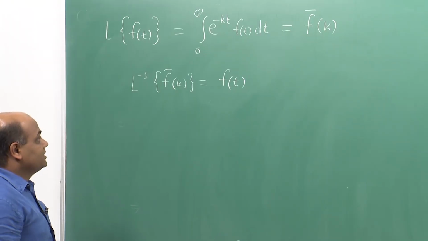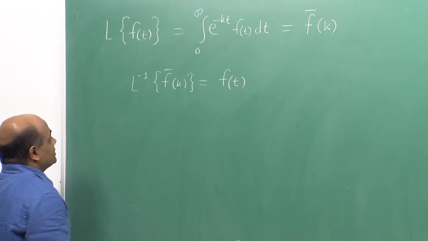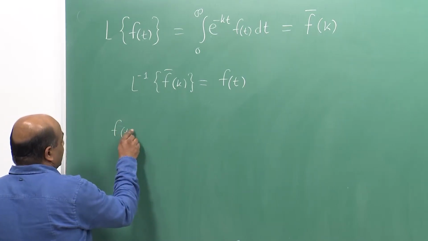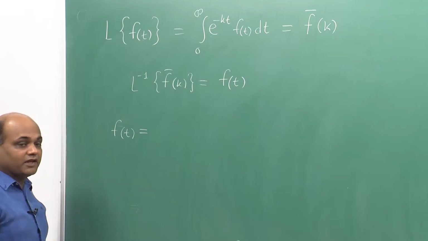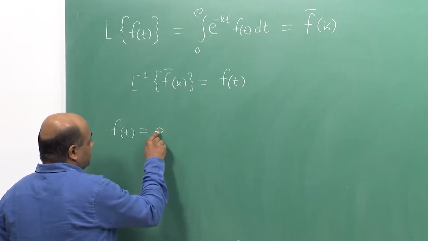So, let us see some simple examples. Suppose f of t is some constant p.